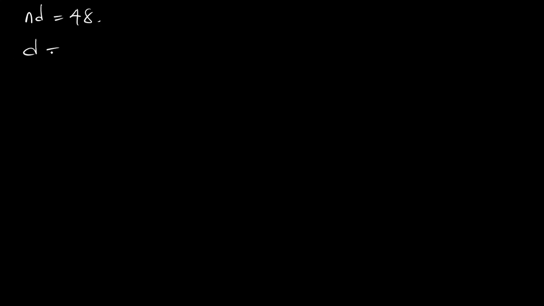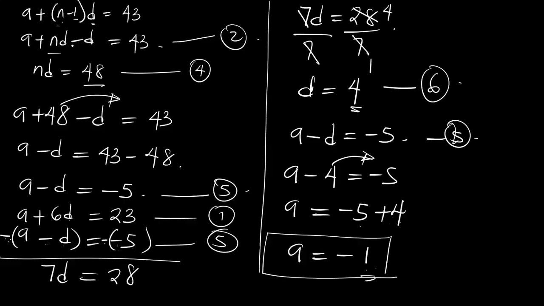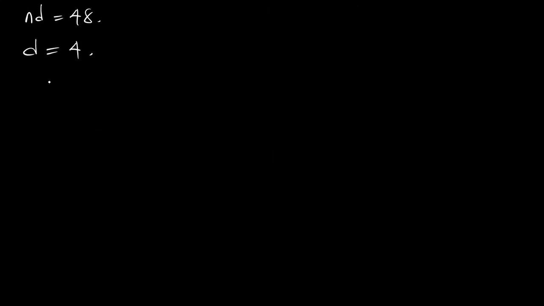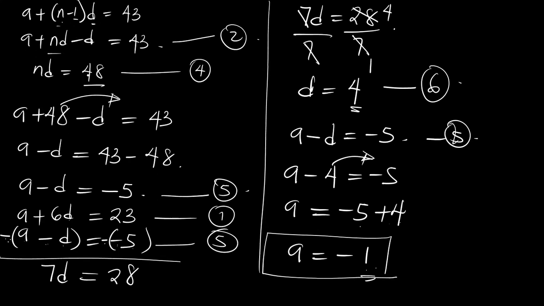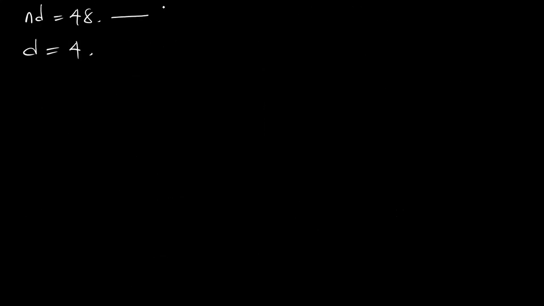And since d is equal to 4, that means substituting d equal to 4 in equation 4, you now have n times 4 equal to 48, which means 4n is equal to 48.